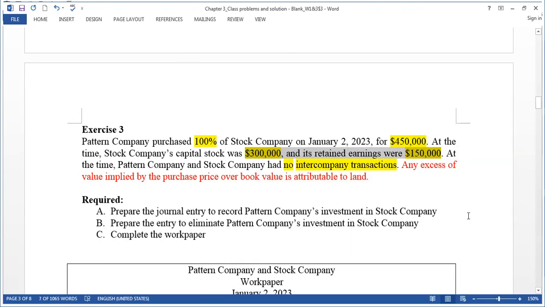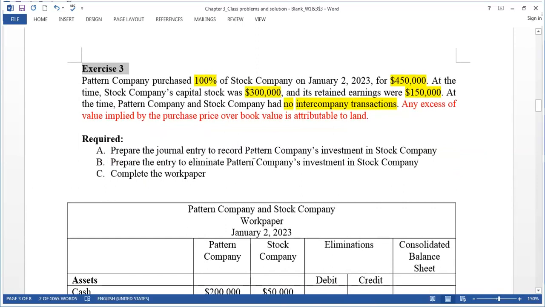So we don't have any difference. This is not an important part, but it may make you confused. The question said that any difference should be allocated to the land account, but actually we don't have any difference, right? So this is a confusing sentence in this exercise 3.